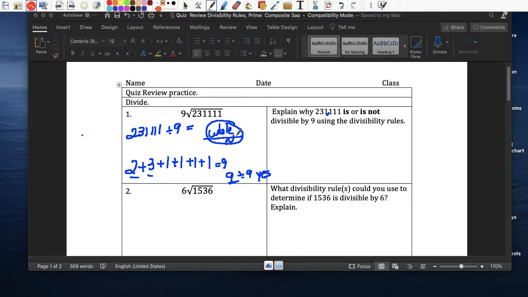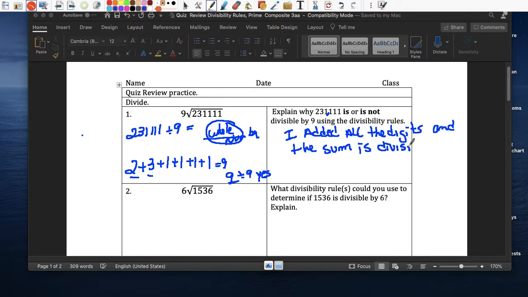So if this was a test question, you would say, I added all the digits. I did the 2 plus 3 plus 1 plus 1 plus 1 plus 1, and the sum is divisible by 9. So what does that mean?